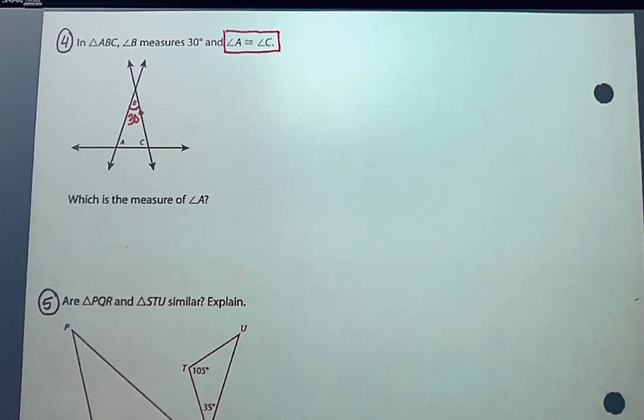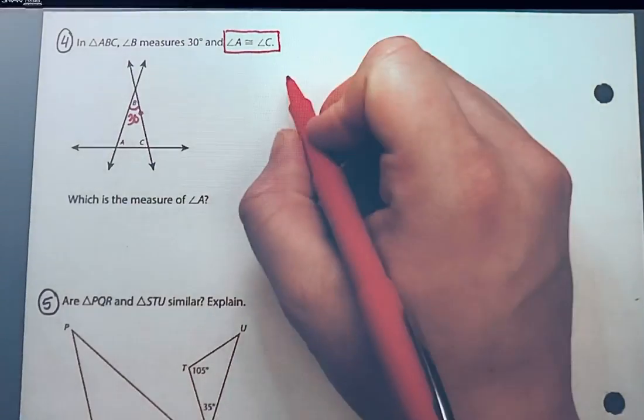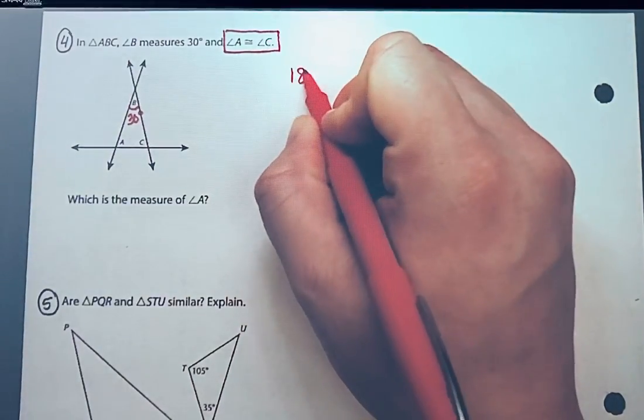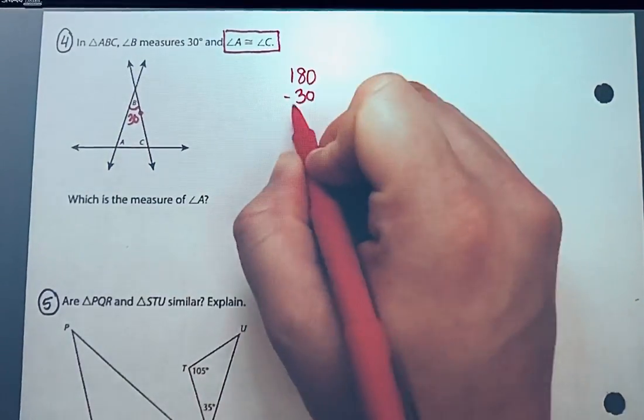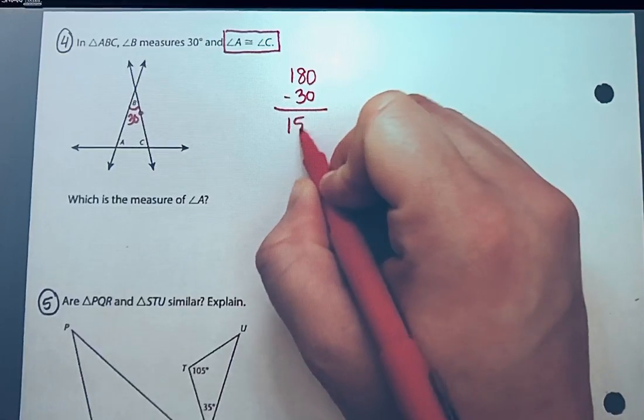So again, for probably the 10th time, all three angles add up to be 180 degrees, and I know a piece of the triangle already is 30 degrees. So my first step is 180 minus 30, and that's going to give me 150.